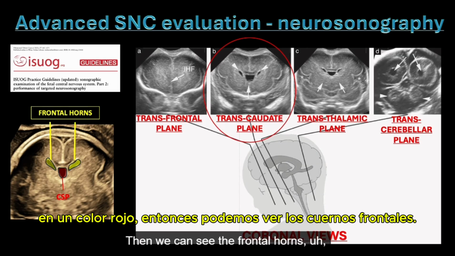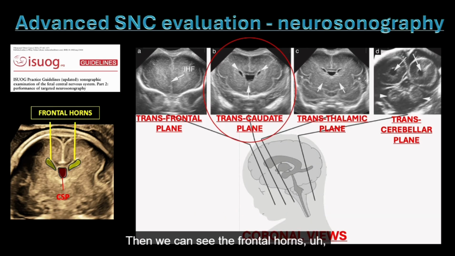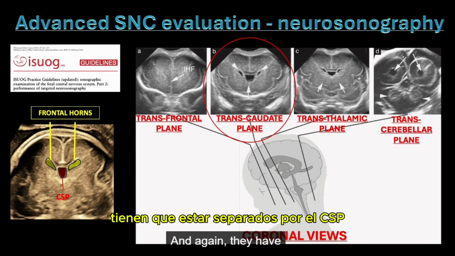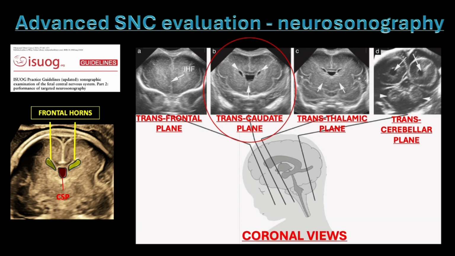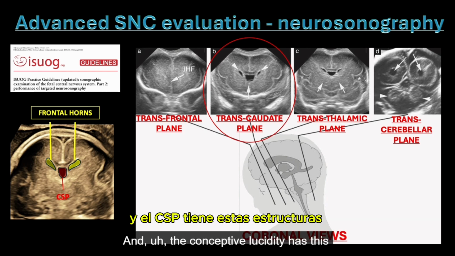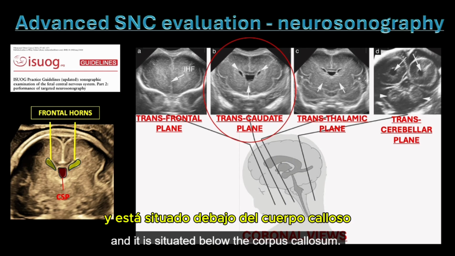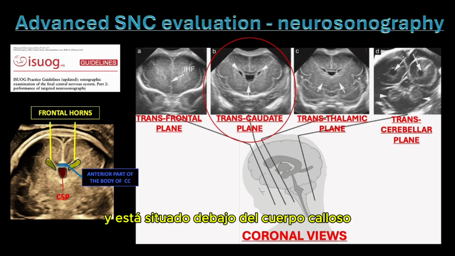Then we can see the frontal horns of the lateral ventricles, which are presented in yellow, and again they have to be separated from the cavum septum pellucidi. And the cavum septum pellucidi has this triangular or trapezoid structure, and it is situated below the corpus callosum.